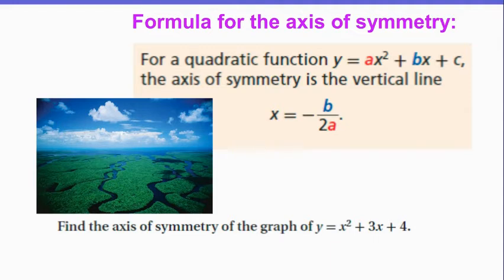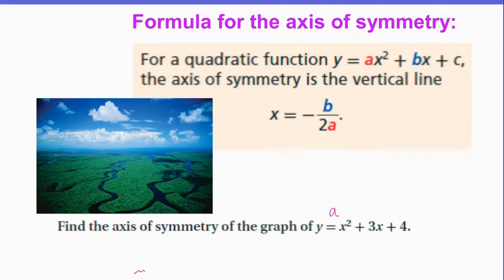There is a formula that makes it easy to find the axis of symmetry if I don't give you a picture. So if you're looking at this, you don't have a picture, and I just gave you an equation, you can find the equation for the axis of symmetry by using the formula x equals negative b over 2a.